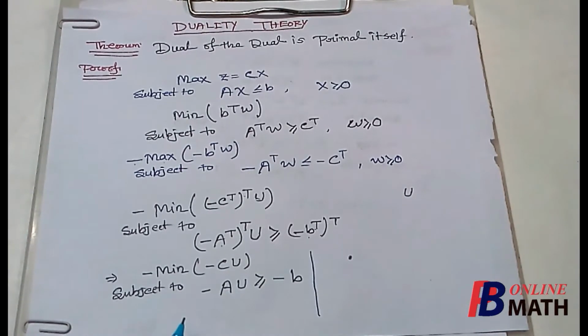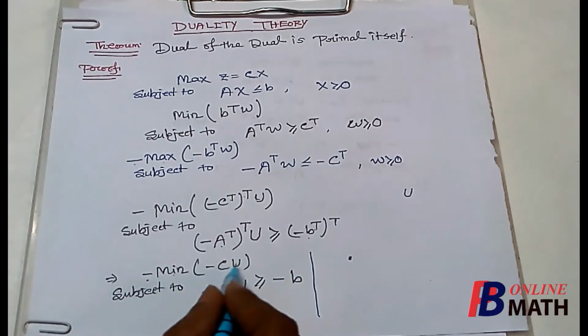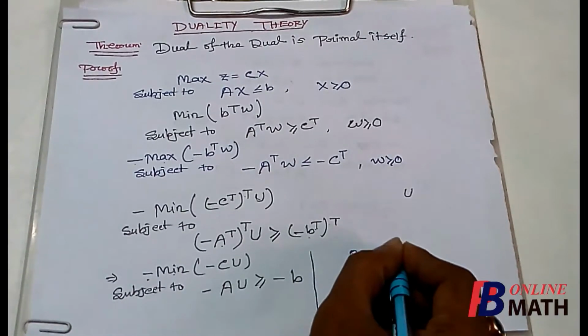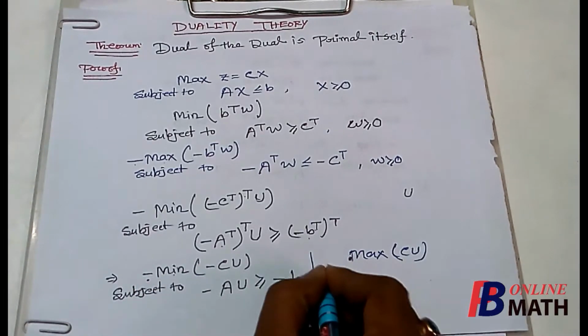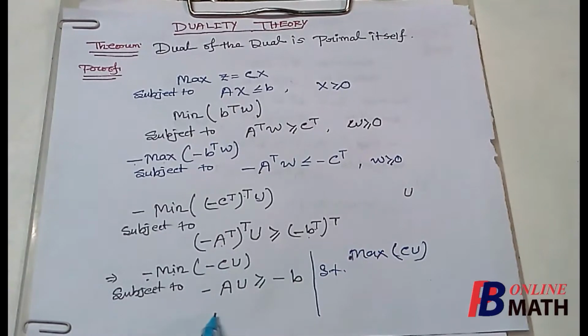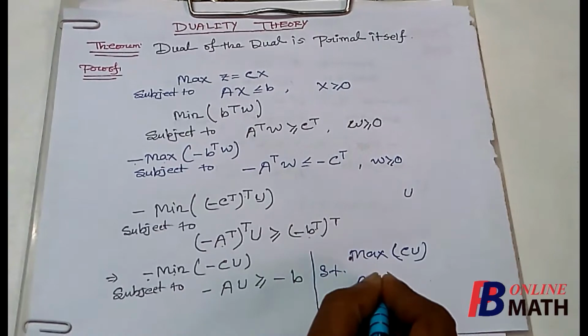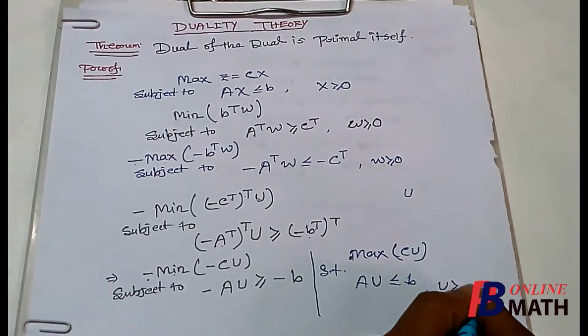Now this problem can alternatively be written as, minus minimum of minus this, which we know is equivalent to maximization of cu, because we know that max z equals minus of min of minus z. Subject to, now if we multiply all these constraints by minus 1, then this becomes Au less than or equal to b, where u greater or equal to 0.